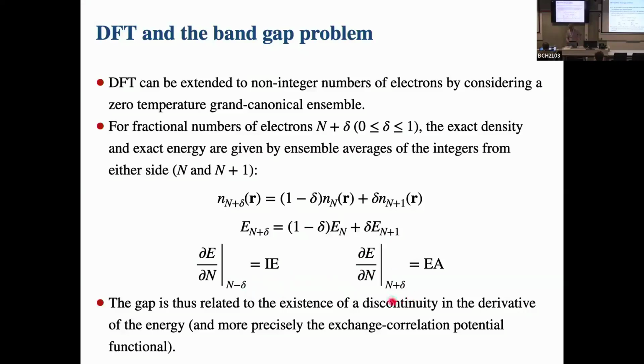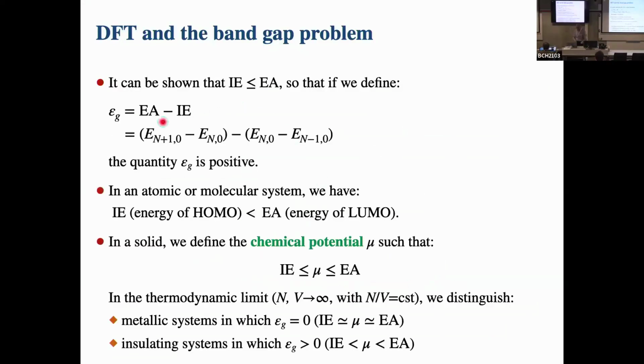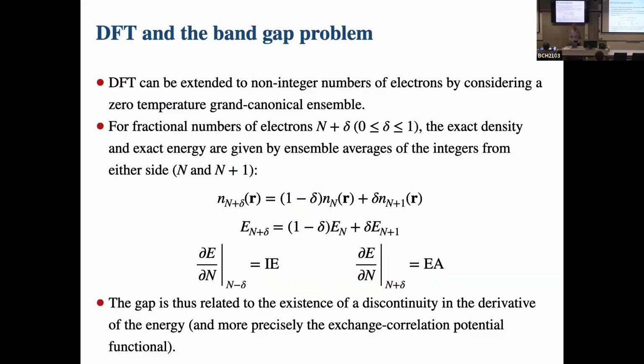And the other one is when you take the derivative for n plus delta, you get the electron affinity because that's En and En+1 there, okay? And so you can see that the quantity that we defined before, the Eg, which is the difference between the two, is related to the change in the derivative that we have between these two things, on the left and on the right, okay?